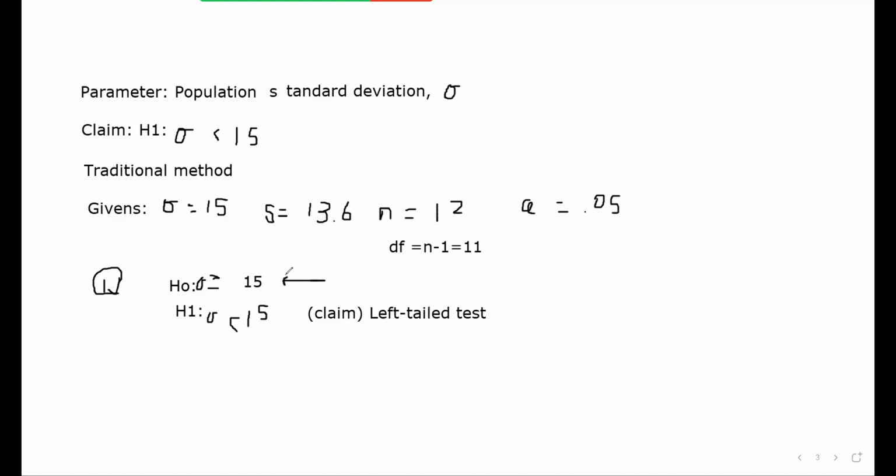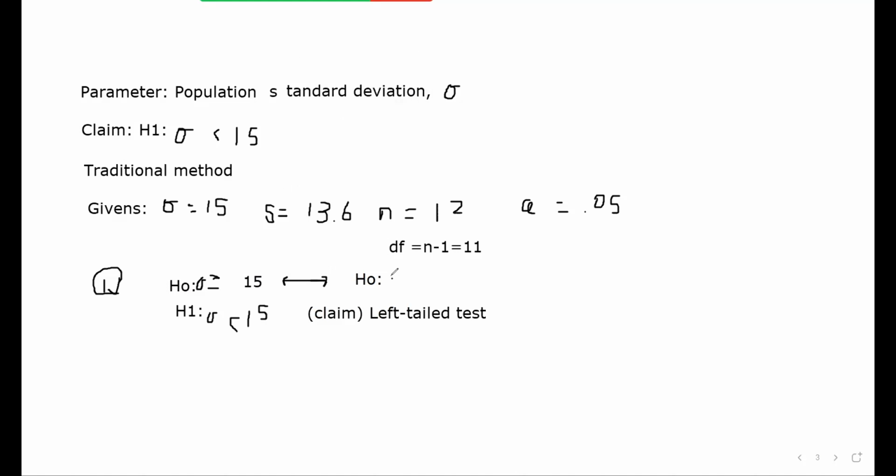So your statistical equivalent is H0 sigma equals 15.